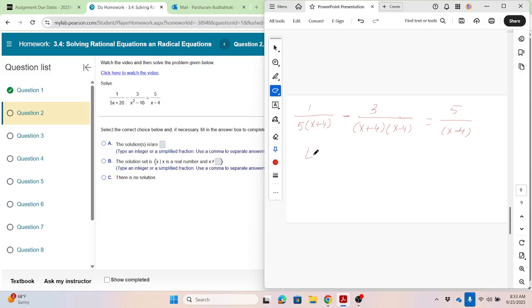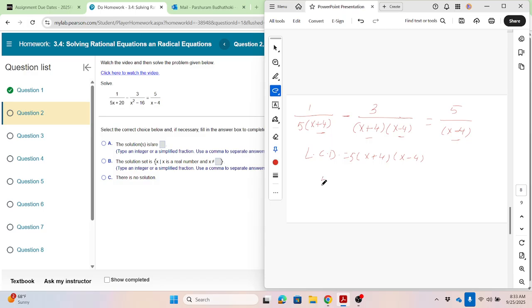So LCD, least common denominator, would be all the common factors, which is from here and here, it's x plus 4. From here and here, that's x minus 4. You just repeat once. And then leftover is 5. So this is the LCD. So we multiply both sides by this LCD. When we do that, this goes on the top.